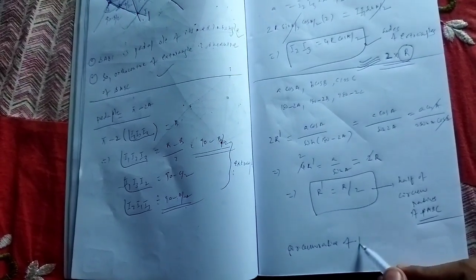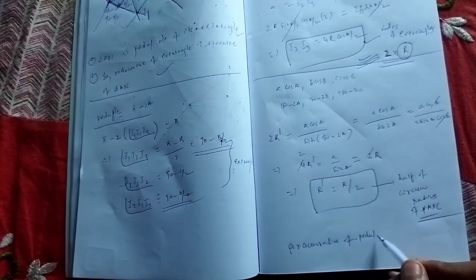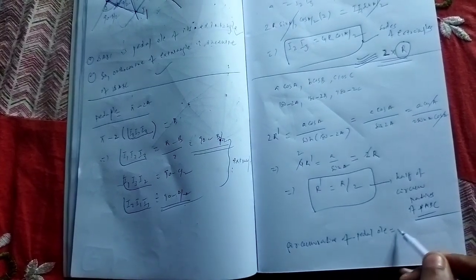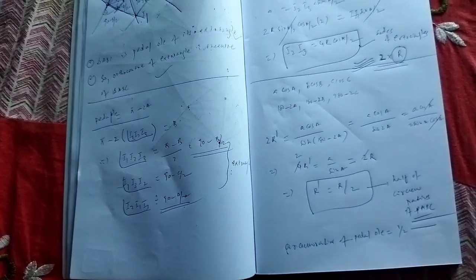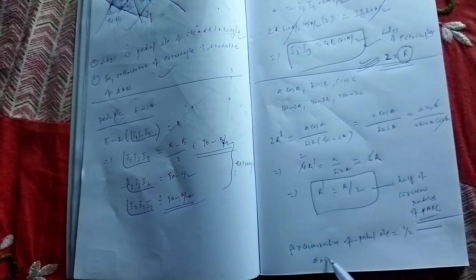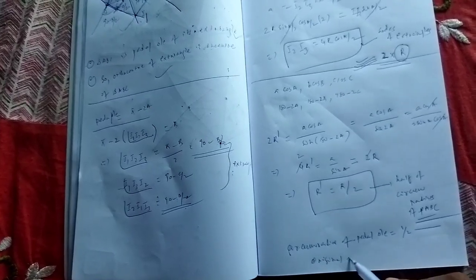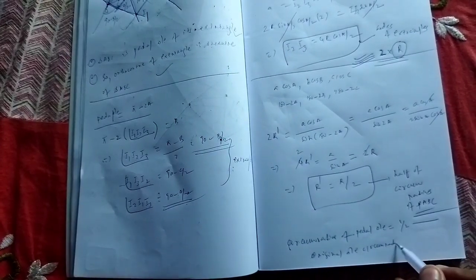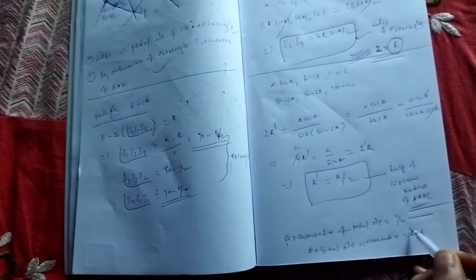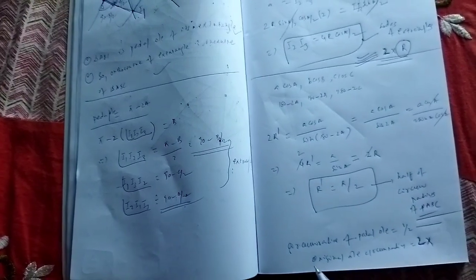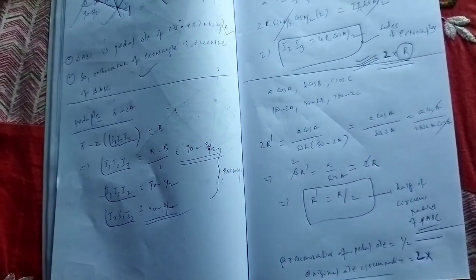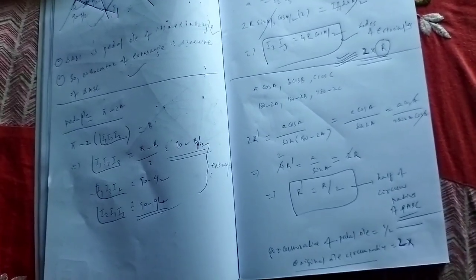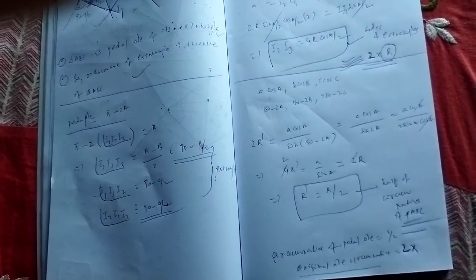Here the original triangle is X triangle, and triangle ABC is the pedal triangle of X triangle.